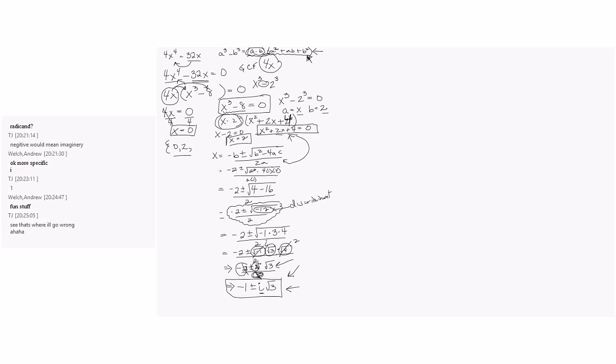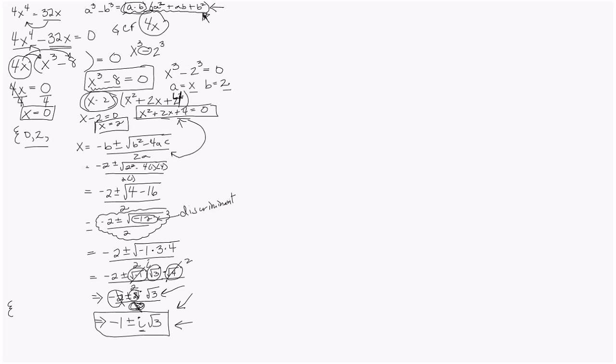Now in my solution, I believe my solution set, let's look, was 0 and 2. So when I write this as my solution set, it's going to be 0, 2, and then I'm going to do negative 1 plus i square root 3 and negative 1 subtract i square root of 3.